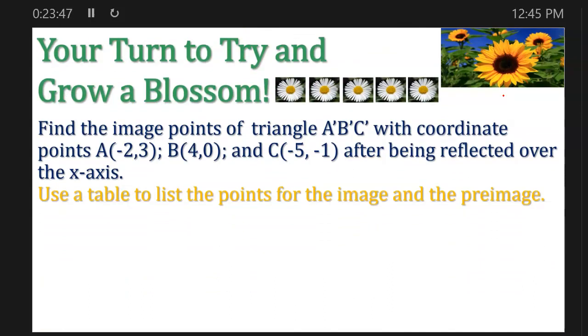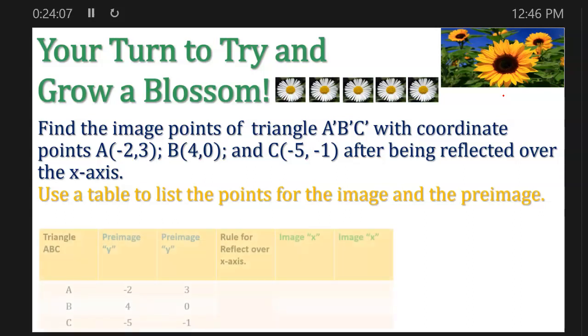Okay, your turn to try and grow a blossom. This time we've asked you to find the image points of triangle A prime, B prime, and C prime with the following coordinate points. A is -2, 3, B is 4, 0, and C is -5, -1 after being reflected over the x-axis. So I'm going to pull a table up for you to use.